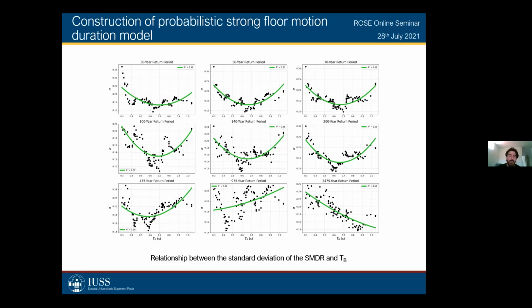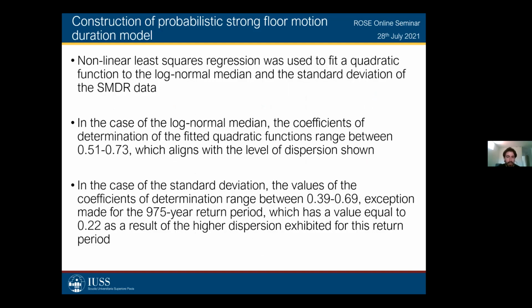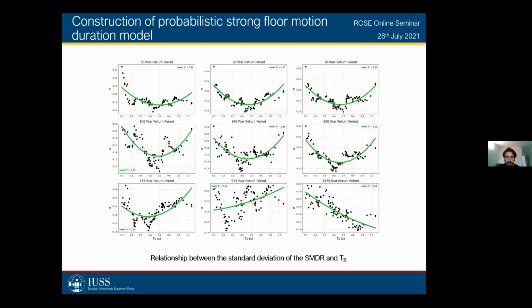So of course, there is not a regression model that will give you a high coefficient of determination for this cloud of points because it's just too sparse. So in this case, the coefficients of determination are a bit lower, between 0.39 and 0.69, with the exception of the 975 return period I mentioned before, which is 0.22. But as I mentioned, because of this high dispersion, these values are considered acceptable to predict the data, basically.